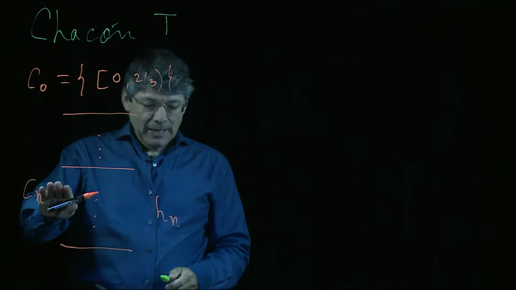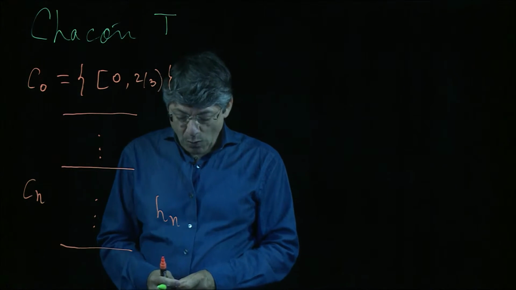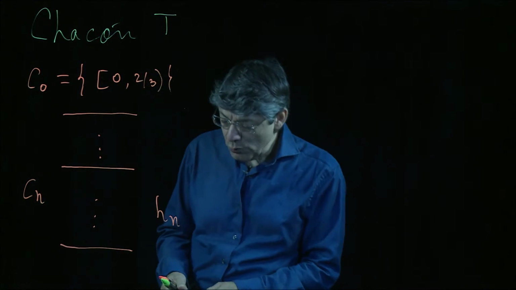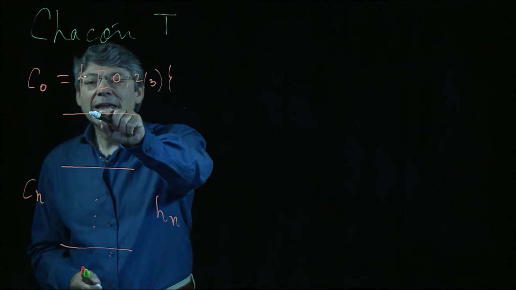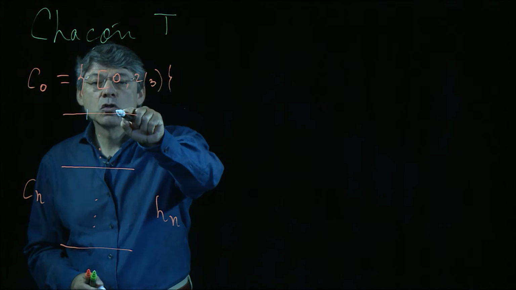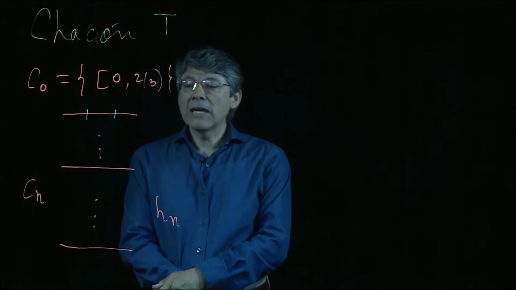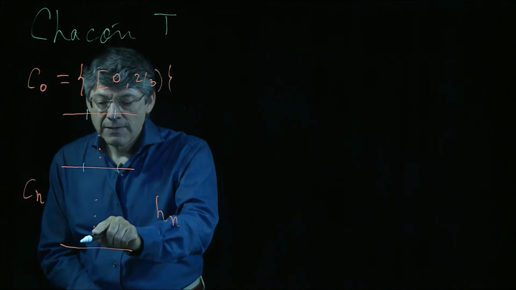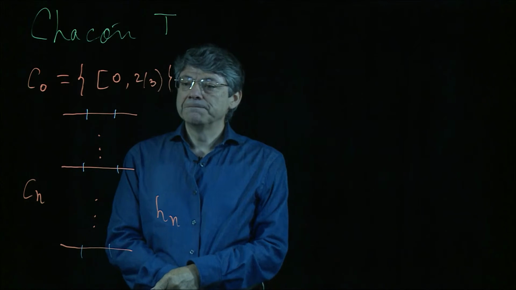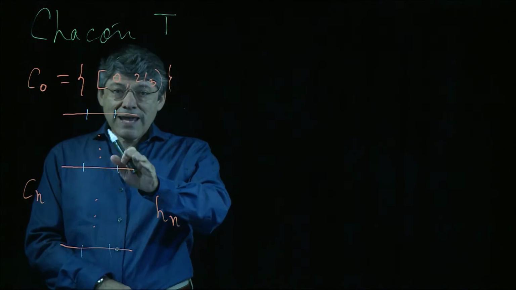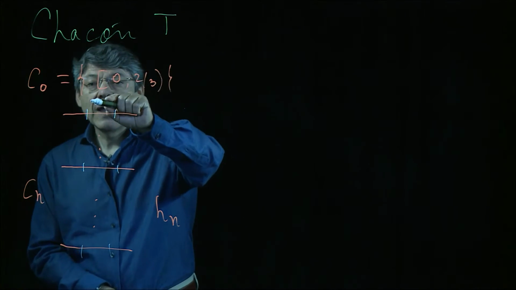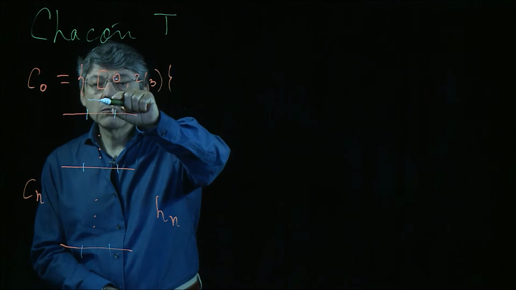To obtain Cn+1 from Cn, we cut each level into 3 pieces. So we subdivide this equally into 3 sublevels, and this one too, and this one too. Then we stack the right subcolumns on top, but before that we add a new sublevel that we call a spacer.